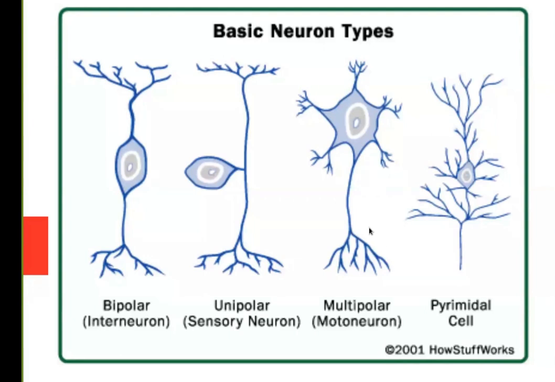Actually, in physiology, we have a good definition for this. Axons are those branches which send impulses away from the neural body and transmit signals to other neurons. Dendrites are branches which send information from other neurons to the neural body.